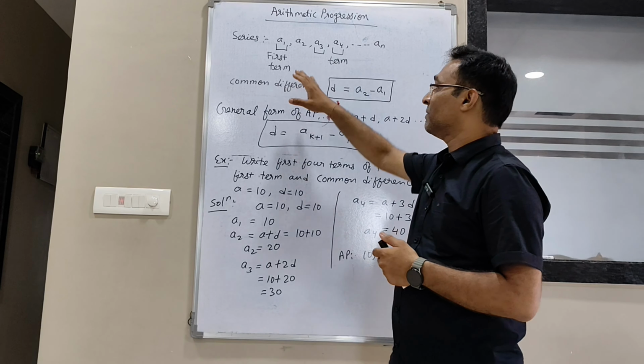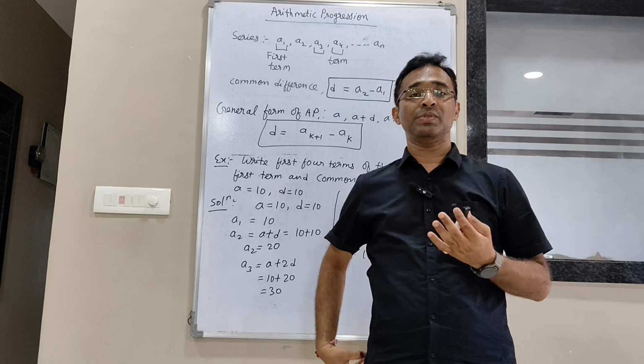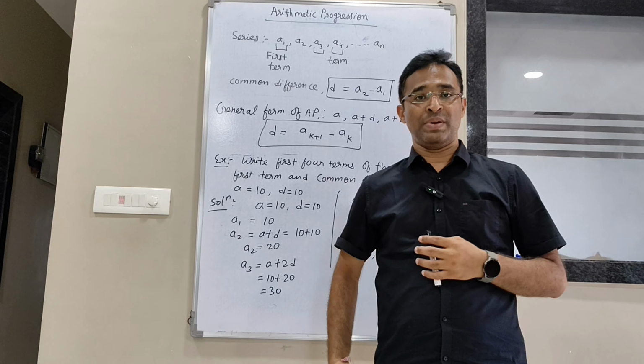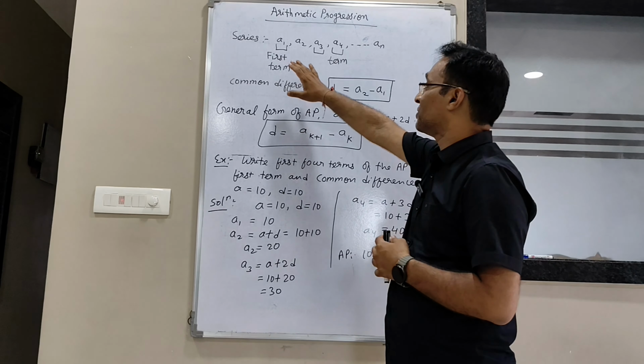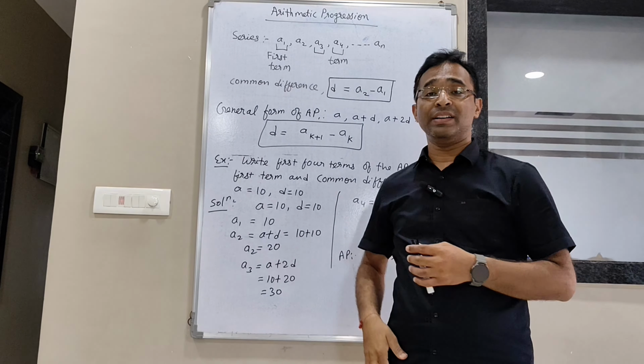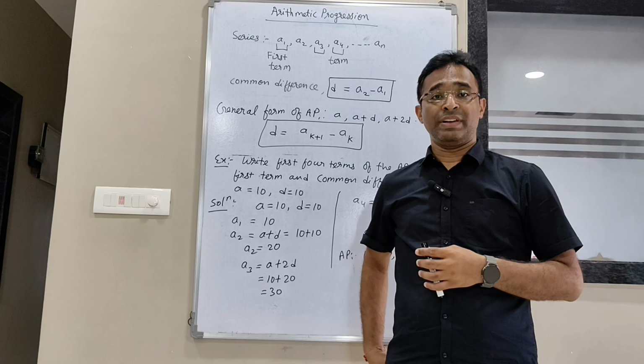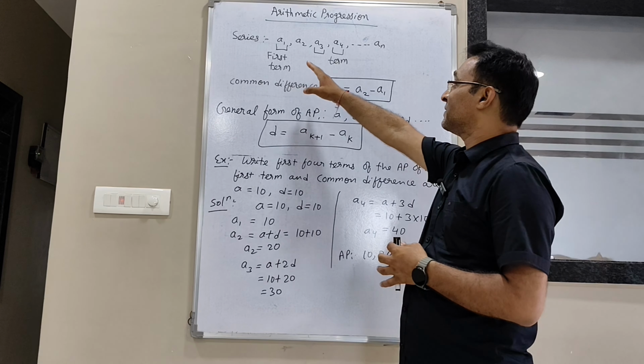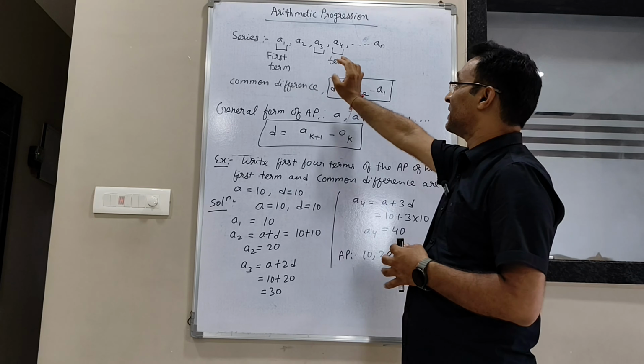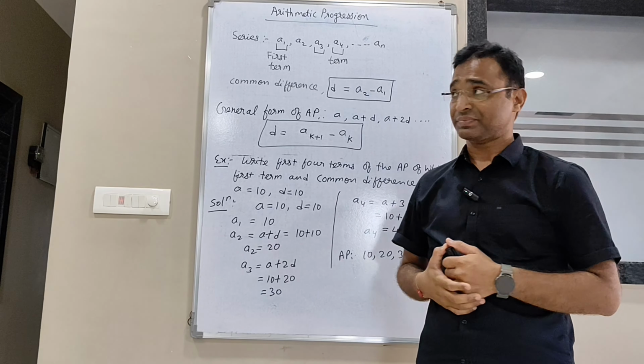So the first thing, we need to know some of the terms which are used in the AP or arithmetic progression. As you can see, I have taken a random number of variables for this series, which is a1, a2, a3, a4 and an.